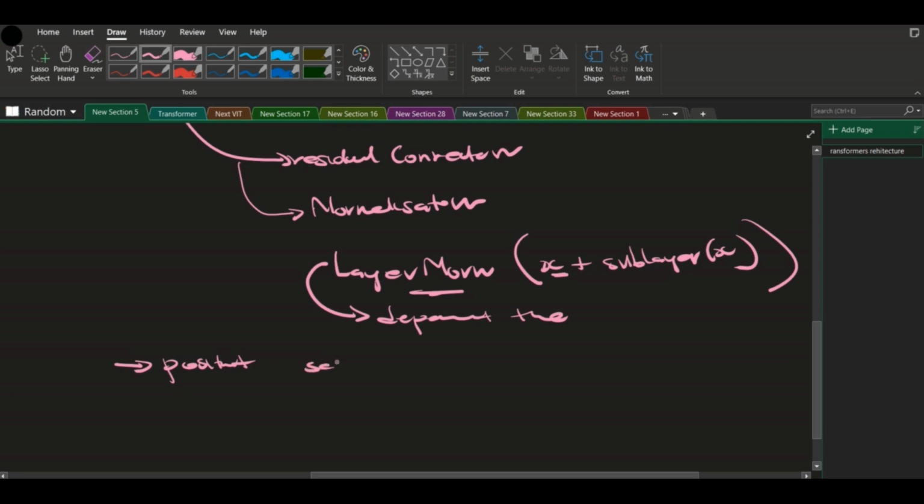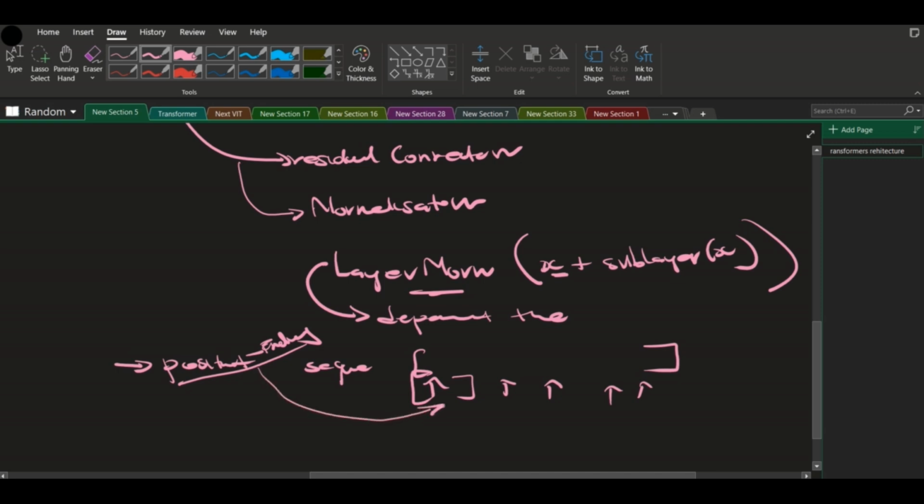When we work with a sequence, each word has some sort of position. So how do we capture the position of these words? We use positional encoding, and we're going to get into more detail, explaining how it works, the maths behind it, and how it enforces positions within the sequence of words. But that's another component.